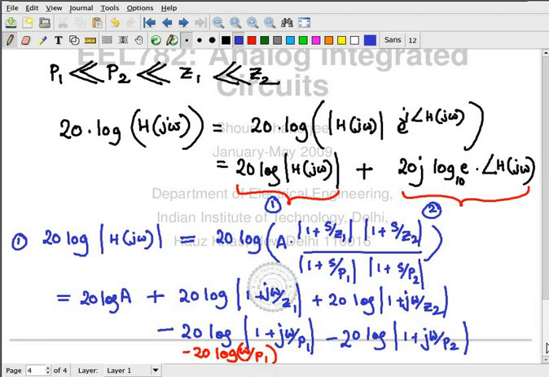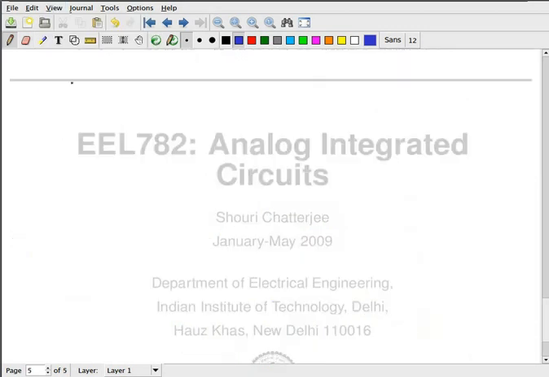what do you think is going to happen to the phase? Do the same analysis, and now instead of looking at 20 log of H of j omega, I am going to look at angle H of j omega.